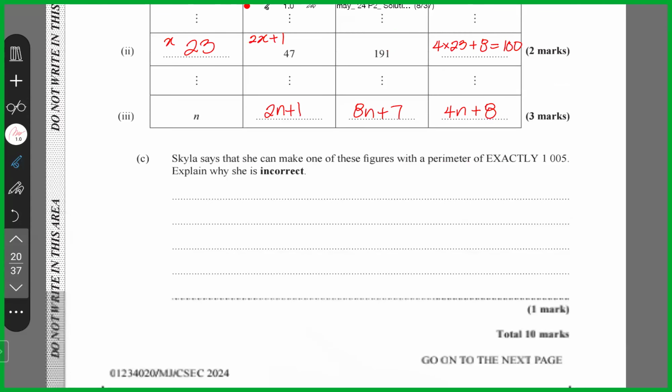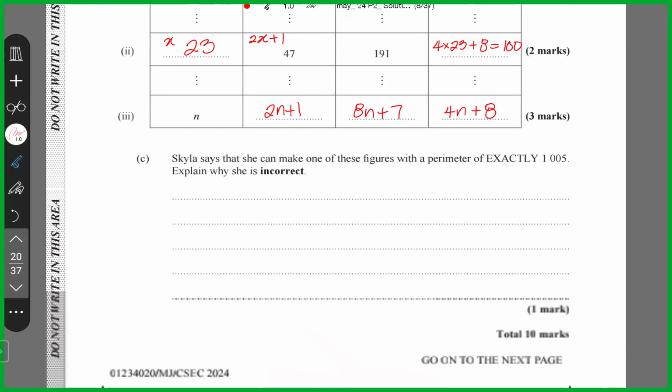We are told that Skylar says she can make one of these figures with a perimeter of exactly 1005.